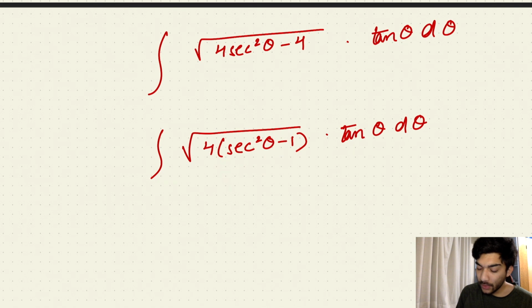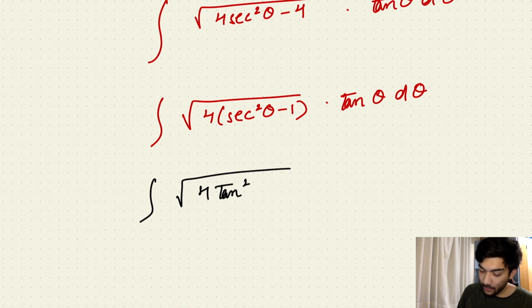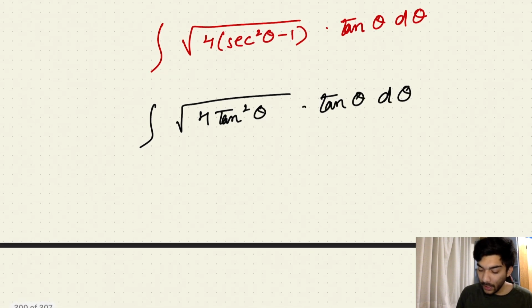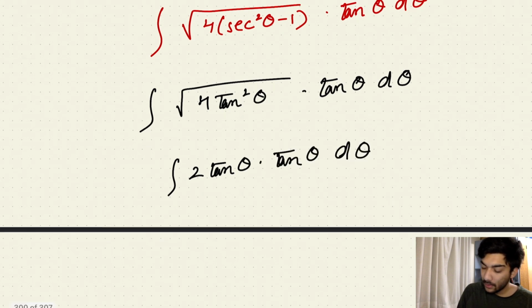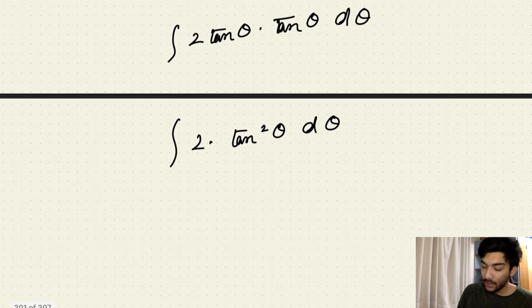Since secant square theta minus 1 is tan square theta, this integral will be simplified to under root 4 tan square theta times tan theta d theta, right? So if we take the square root of 4 tan square theta, we'll get 2 tan theta times tan theta d theta, and this would simply be twice of tan square theta d theta, right?